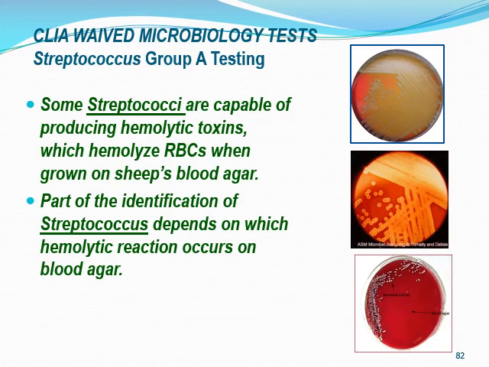Now here we're still talking about CLIA waived tests, for Streptococcus group A testing, right? Okay, so some Streptococci are capable of producing hemolytic toxins, which hemolyze RBCs when grown on sheep blood agar.